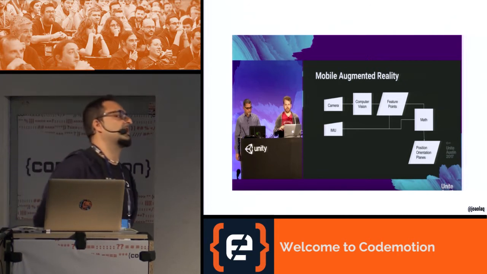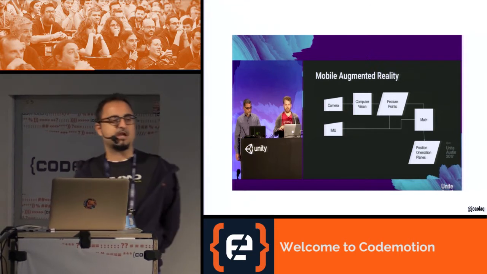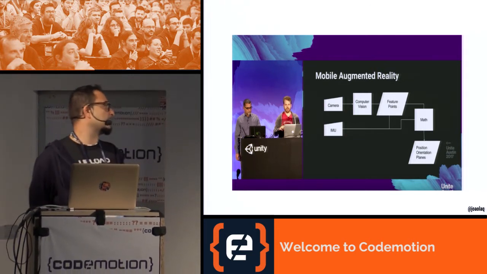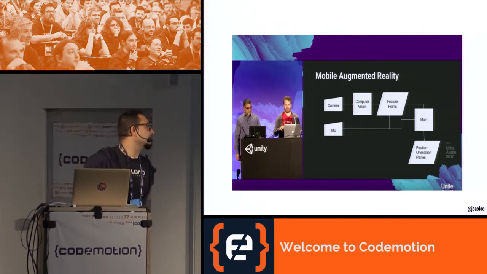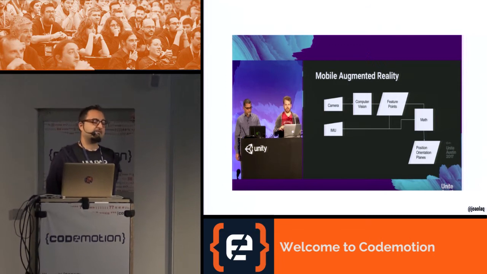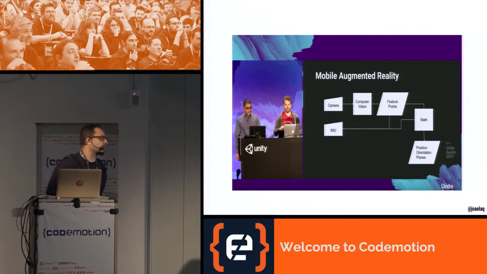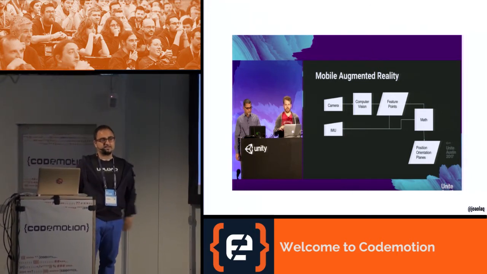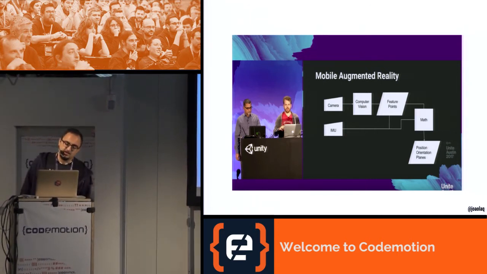It has the same features as ARKit by Apple, and it derives from the experience in Tango development by Google. To map the environment, it uses the camera of your smartphone and the IMU, so the sensors of your smartphone: the accelerometer, the gyro, and the magnetometer.